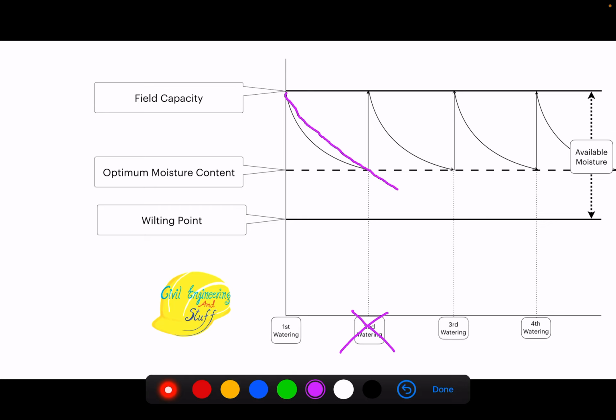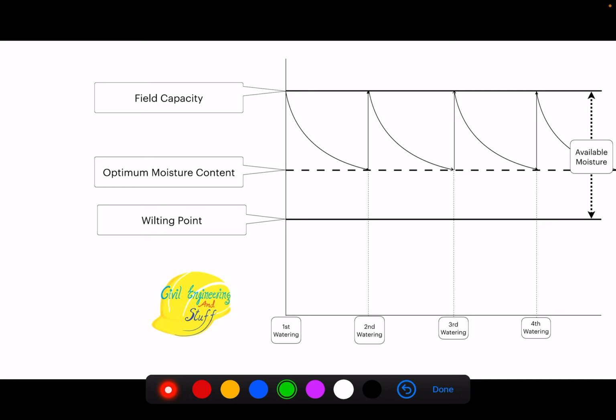The moisture content of the soil would have gone further down and reached the permanent wilting point, and at this point the crops would have died. No matter how much water we apply after that to reach back to the field capacity, it doesn't matter, because the crops have already died.